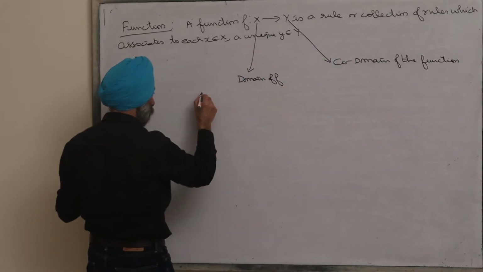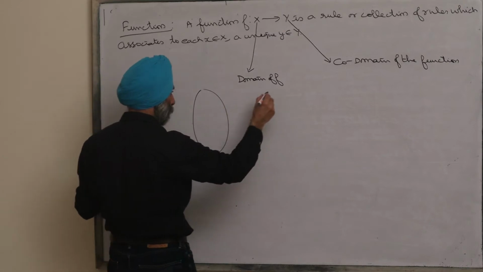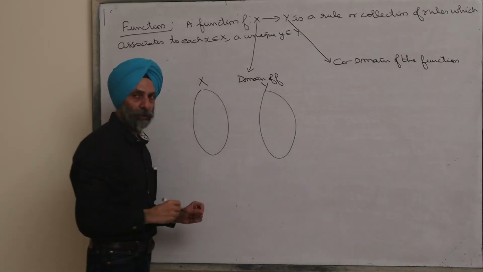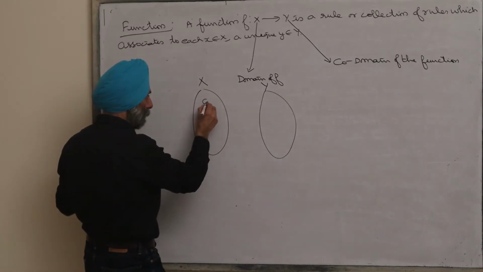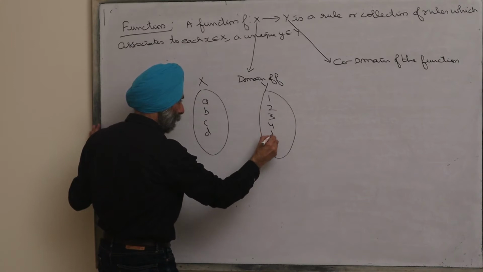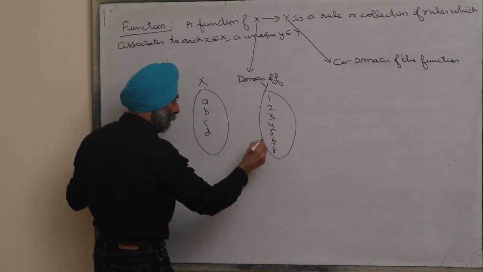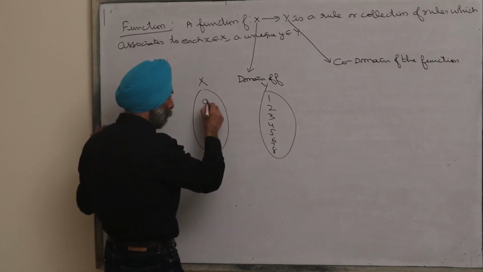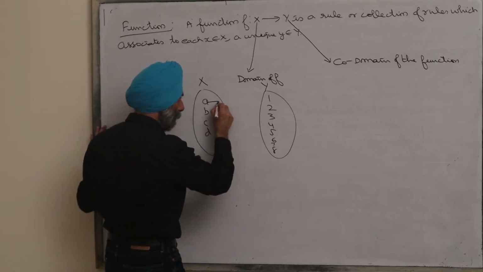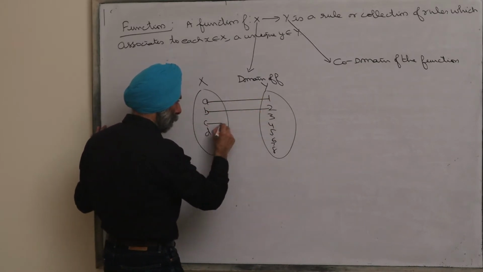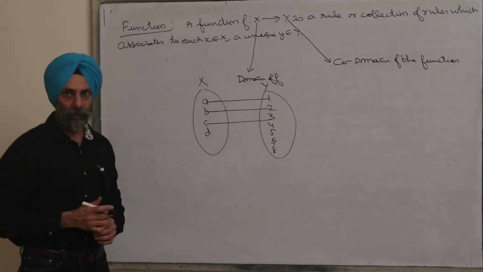This Y is called the codomain of the function. So first try to understand the meaning of function. Now this is the X set, this is the Y set. Let us say these are the elements of the X set and these are the elements of the Y set. So to each x belonging to X, let's say corresponding to A we have the image as 1, corresponding to B it is 2, corresponding to C it is 3.